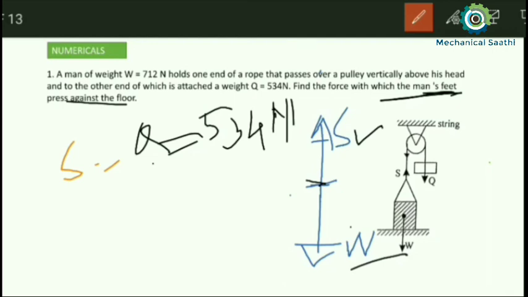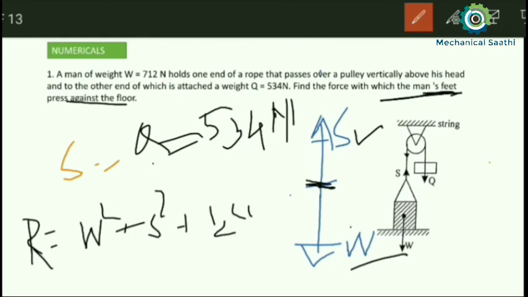We know that these two forces are acting at a single point, so I can write the resultant. The resultant will be equal to the square root of W square plus S square plus 2WS cos theta.